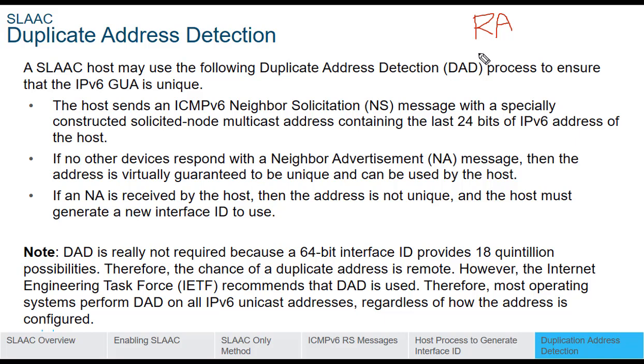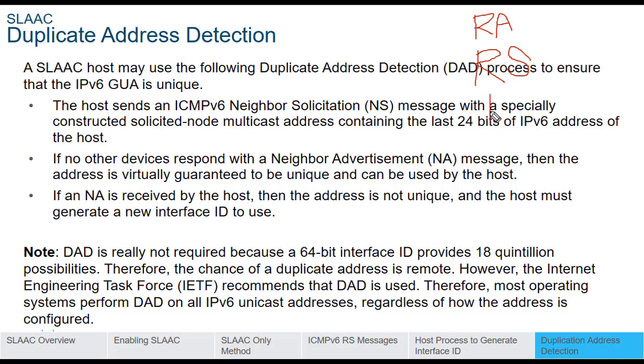In the event that you connect a host device to a network and it does not receive an RA, it will send out a router solicitation to ask for RA messages. Once it receives an RA message, it generates its own IP address.